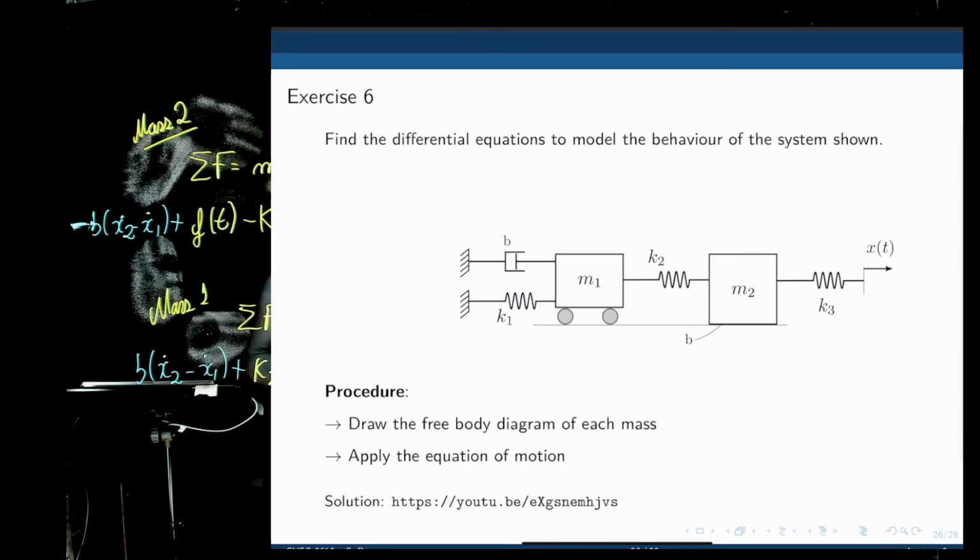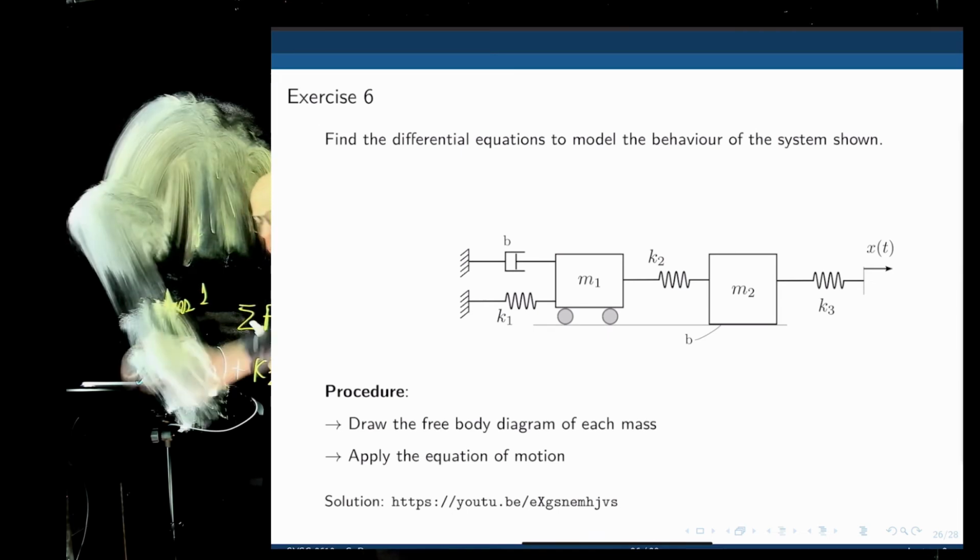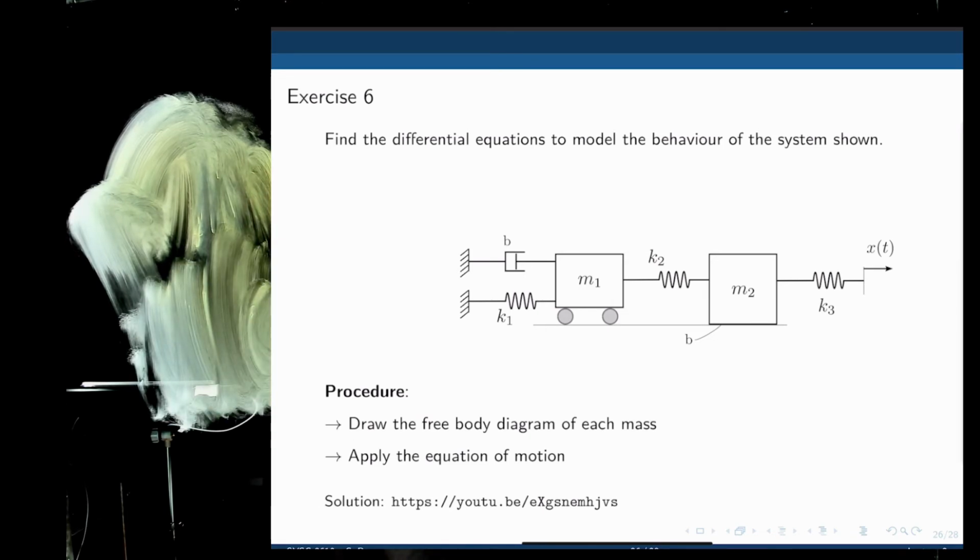Start by creating the free body diagram for each mass, and then we are going to solve it together. The objective is the same: just find the differential equations for each mass.